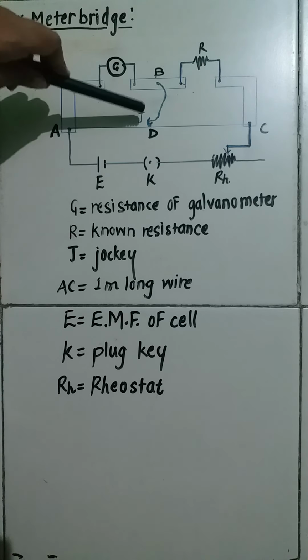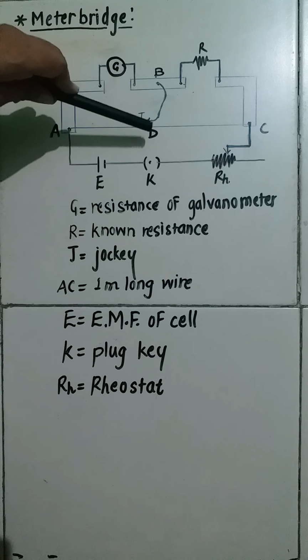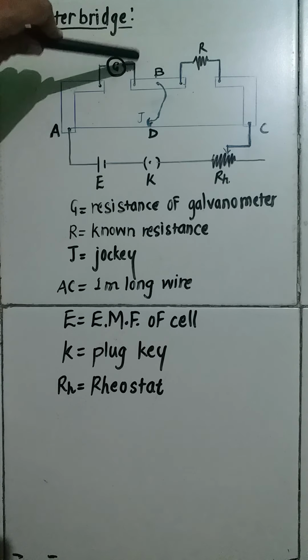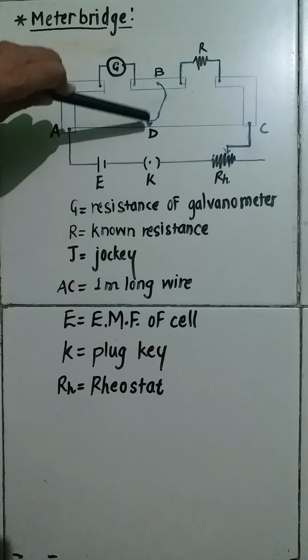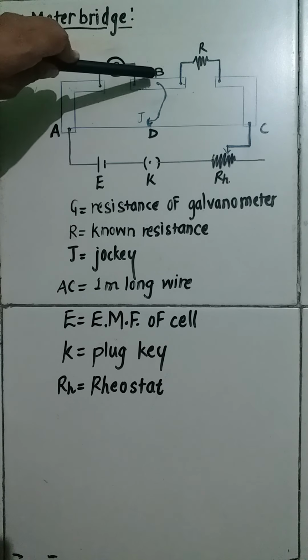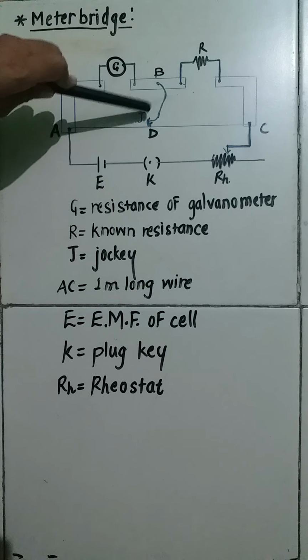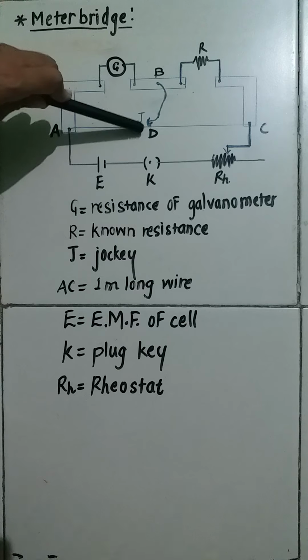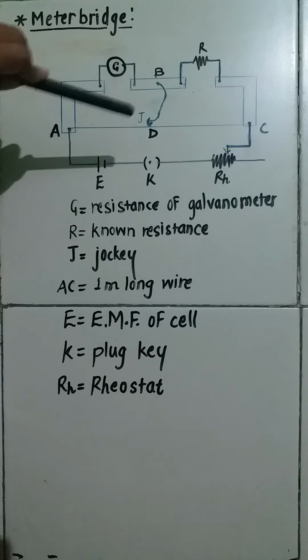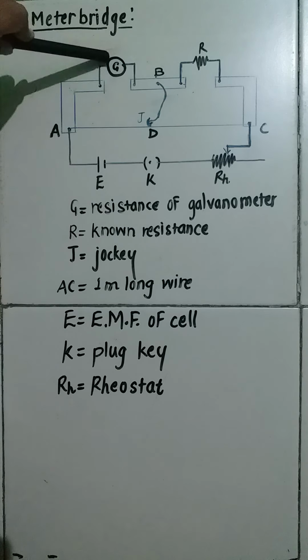See, when this jockey is not in contact with point D, the galvanometer, say, shows 16 divisions deflection. At that time, since the jockey is not in contact with the wire, current is not passing through this part BD. Now, when the jockey is in contact with wire AC at point D, the galvanometer is still showing the same deflection.